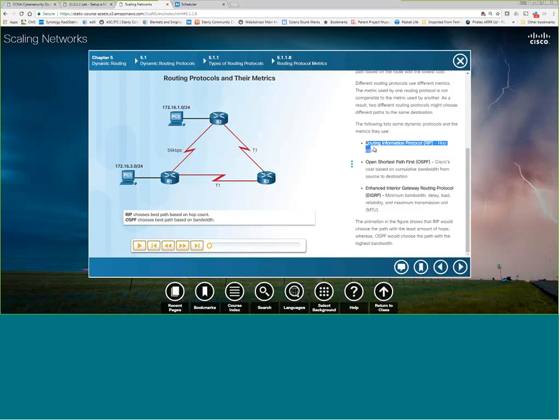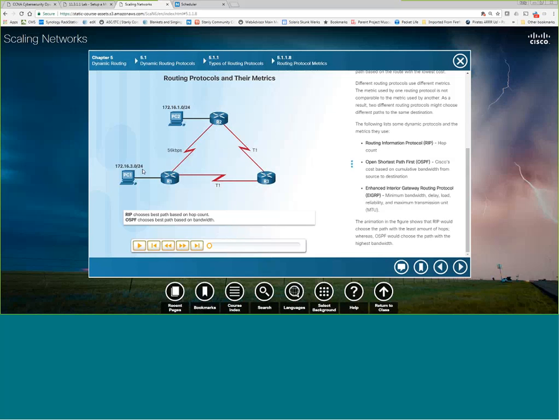Remember, these are the metrics used to find the best path within the routing protocol. But let's imagine that all these routers are running all three protocols. So RIP, OSPF, and EIGRP. And I'm trying to find on R2 a route to this network, 10.2.16.0.